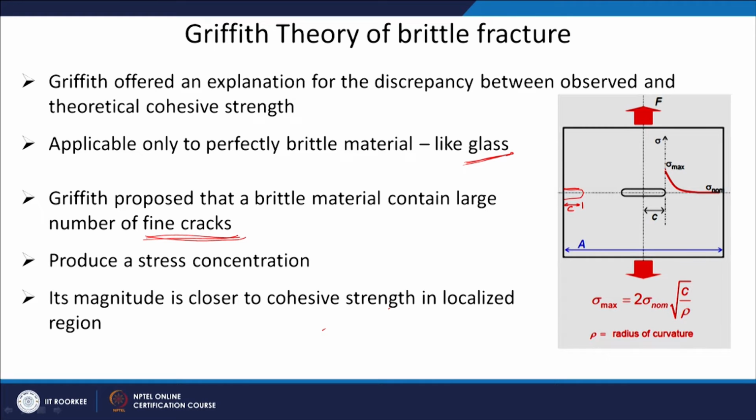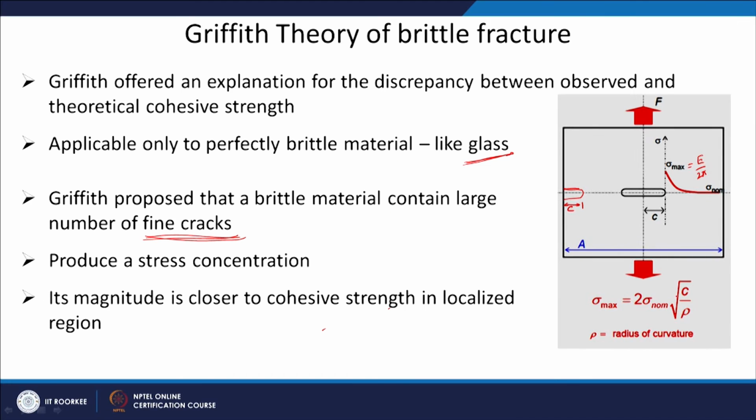So, locally here it will reach what we have calculated for the given material. Sigma max can reach E by 2 pi locally, whereas what you are measuring is only sigma nominal. That is why you feel that it is fracturing at very low stress.